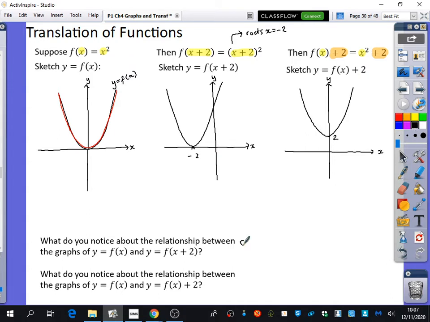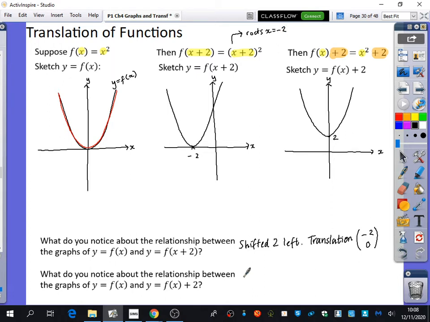It has shifted to the left, which I'm going to be a little bit more sophisticated with the way I describe that. I am going to say that it is a translation of minus 2, 0. It's gone minus 2 to the left. And that's because of all of our knowledge about roots here. We know that the root became minus 2, so it shifted 2 to the left.